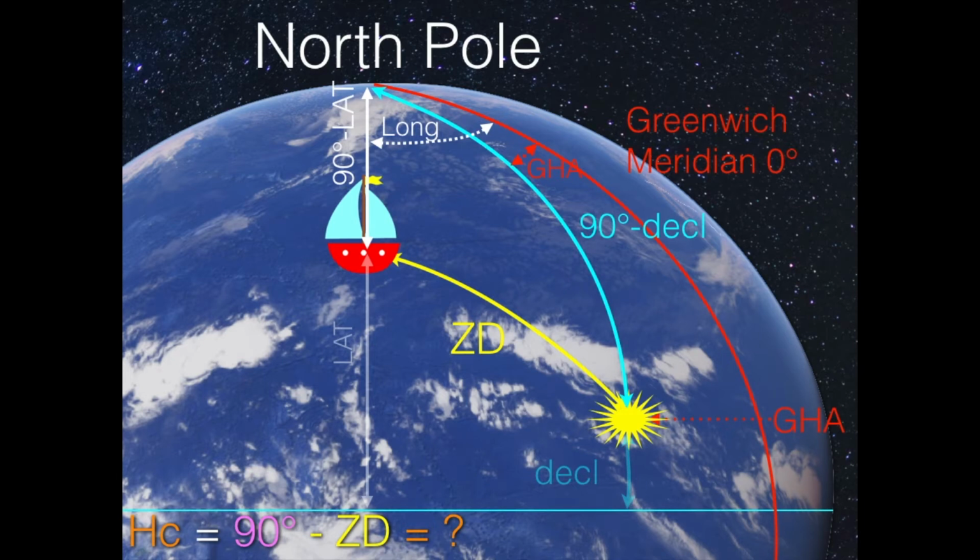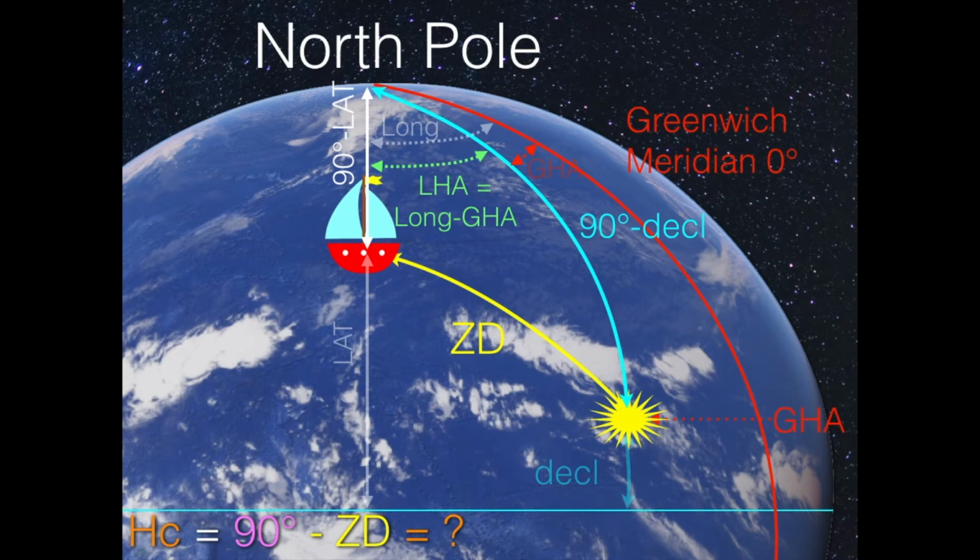So the difference between longitude and the Greenwich hour angle is the angle between the white line and the blue line. I mark it here in green. This is an angle called local hour angle, or LHA. And the local hour angle is our longitude minus the Greenwich hour angle.